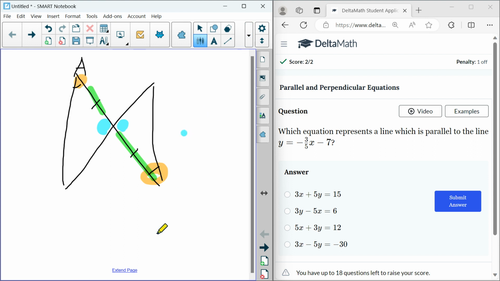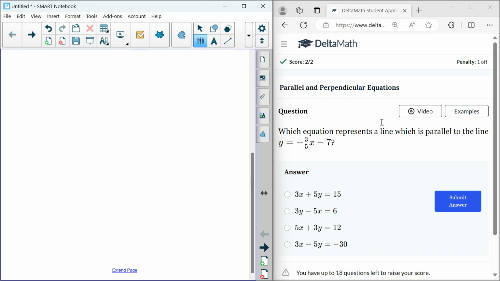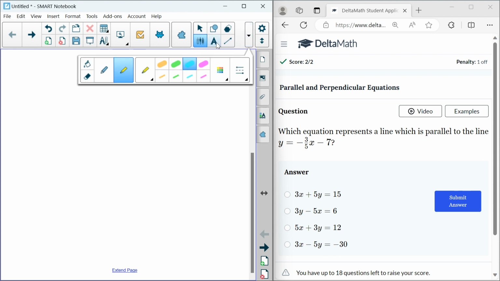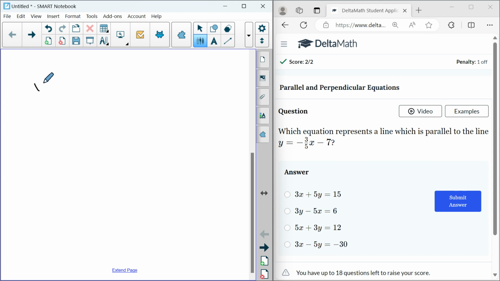You'll see a situation where we want to talk about which equation of a line is parallel or maybe perpendicular to this particular equation. Well, let's start off with what we know. We've got y equals negative 3/5 x minus 7. Focus on what the slope is. The slope is this negative 3/5 currently.